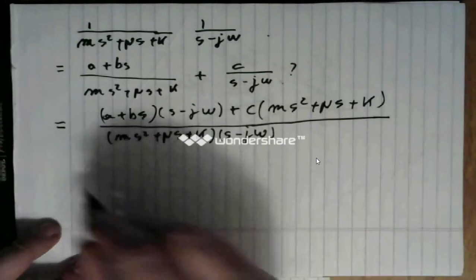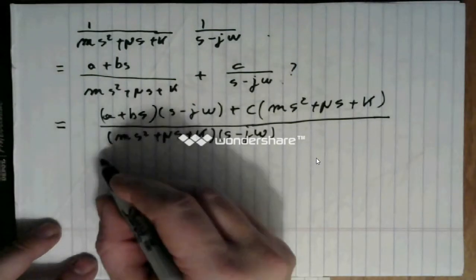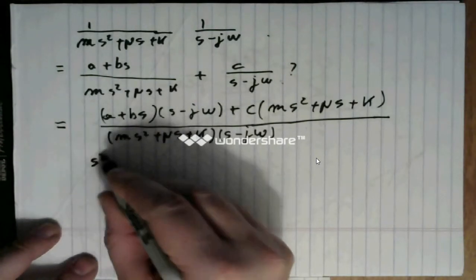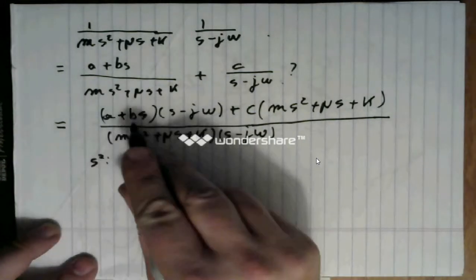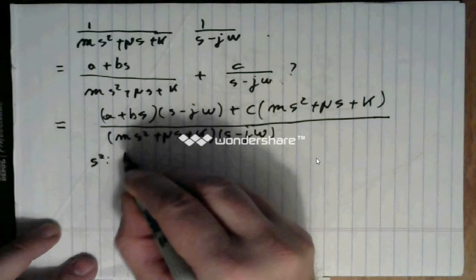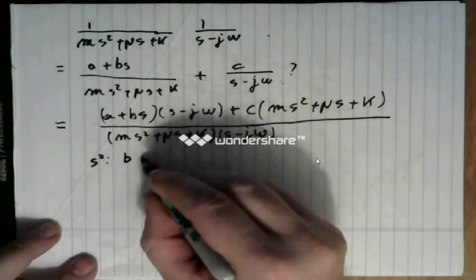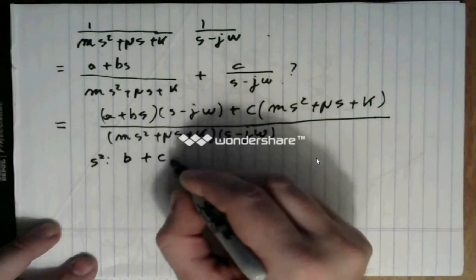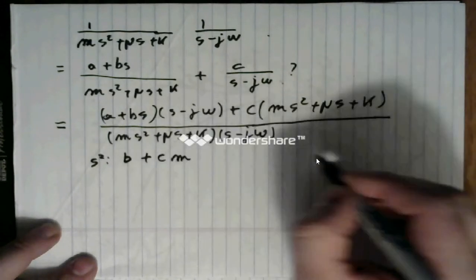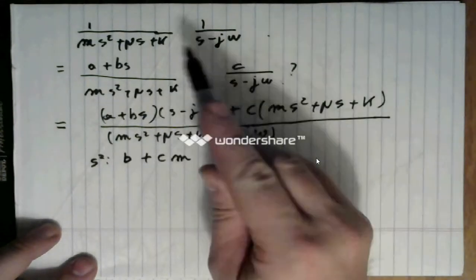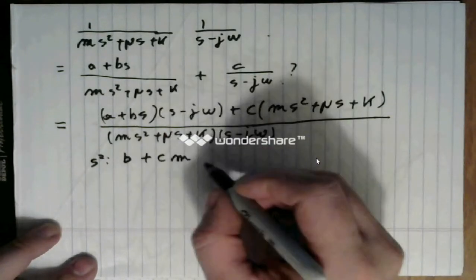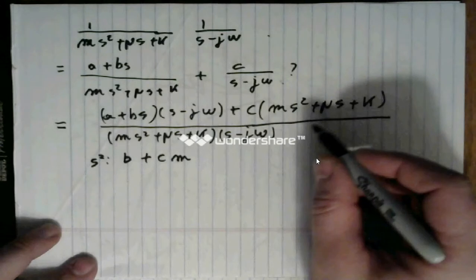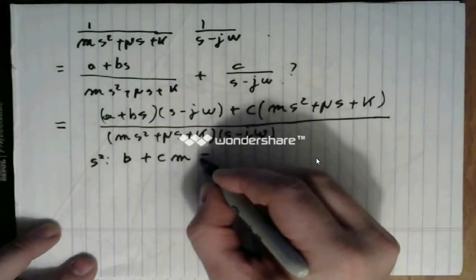So if we look at the terms in s squared, we obtain bs squared plus cms squared, and there is no such term on top, therefore b plus cm must be equal to 0.